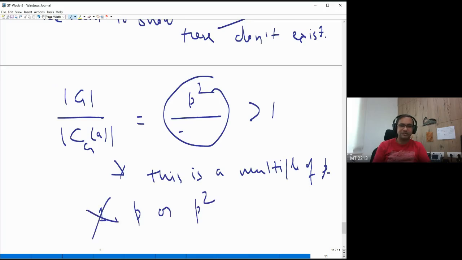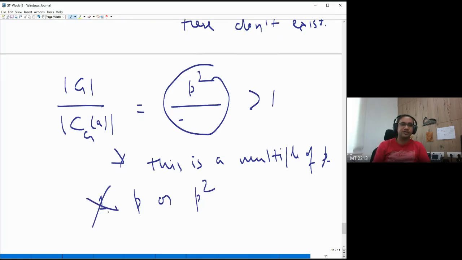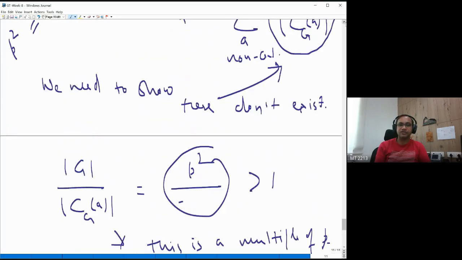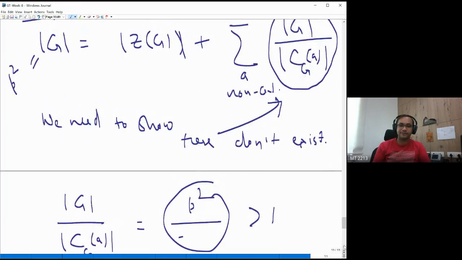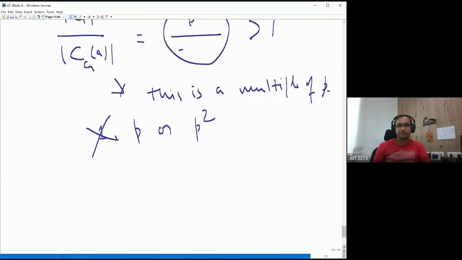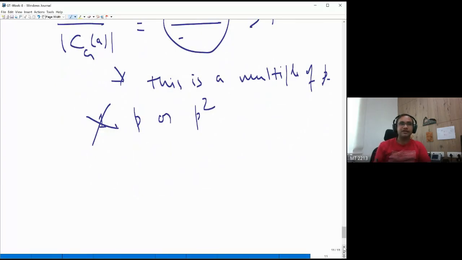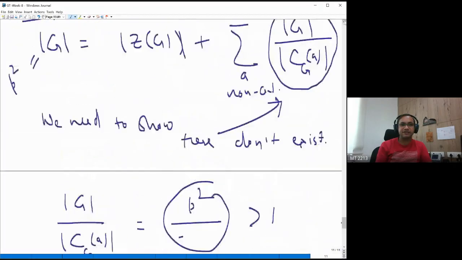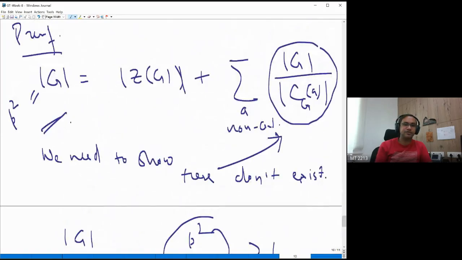My claim is that it's not 1, simply because if it was 1, then the centralizer of A in G is equal to G. That means A would have been in the center, and we are assuming that A is not in the center at the moment. So whatever that term is, p divides that term. Now if you look at this equation, p divides the left hand side because the order of the group is p square. p divides this term, hence p must divide the order of the center.